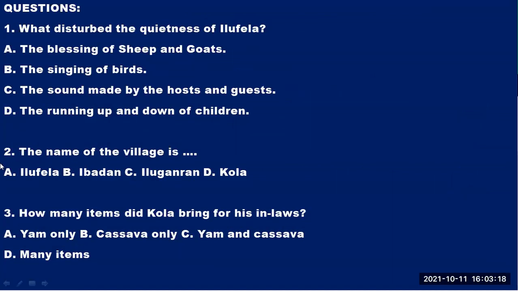Now, the first one is, what disturbed the quietness of Ilufela? Let's go through the options, then I will tell you exactly what you must do. Option A, the blessing of sheep and goats. With the elimination method, we eliminate this because there was no mention of sheep and goats in the passage at all. B, the singing birds.